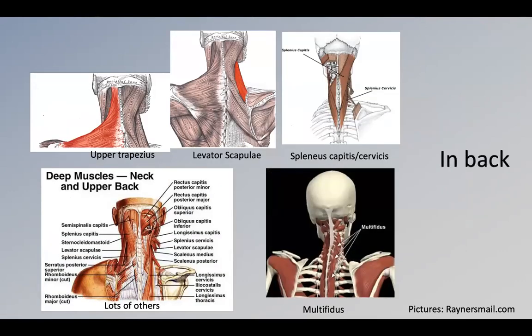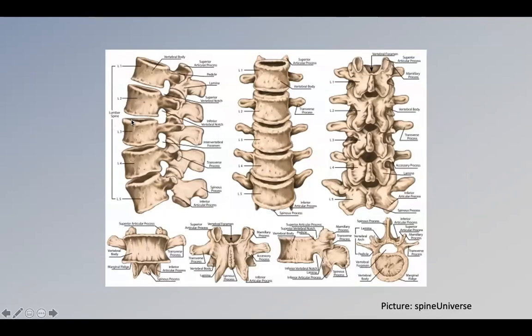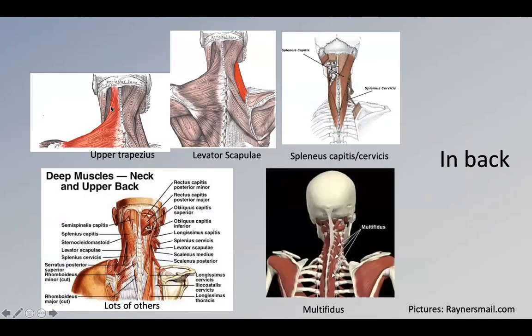In the back, you've got the upper trapezius, and then the levator scapulae, which lifts the scapula, but also brings back the neck, right? Again, the splenius capitis and cervicis.